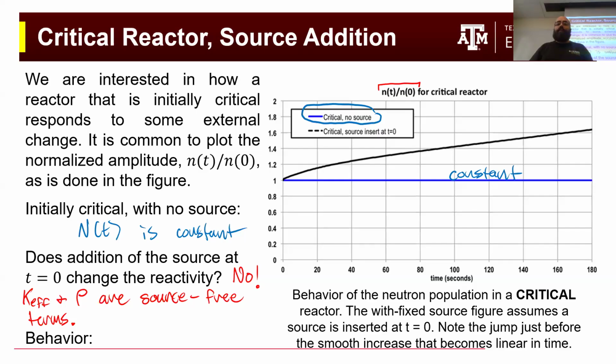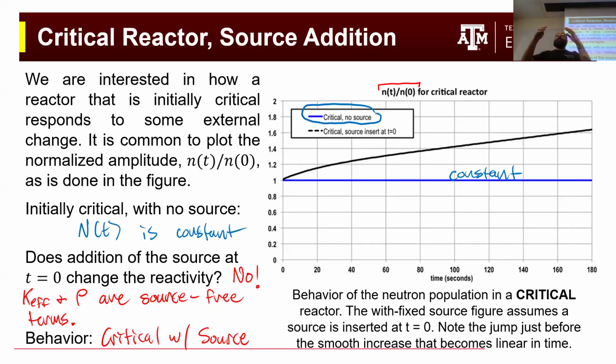So the behavior now is that I have a reactor that is critical with a source. So in terms of behavior, I'm just going to say critical with source. And we had already talked about in that previous slide, if the reactor was critical and it had a source, then the solution to our function behavior is going to be that it increases linearly with time.